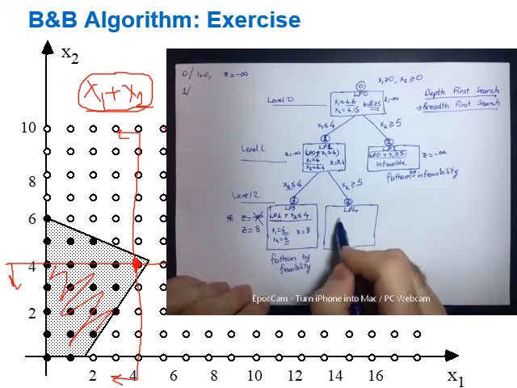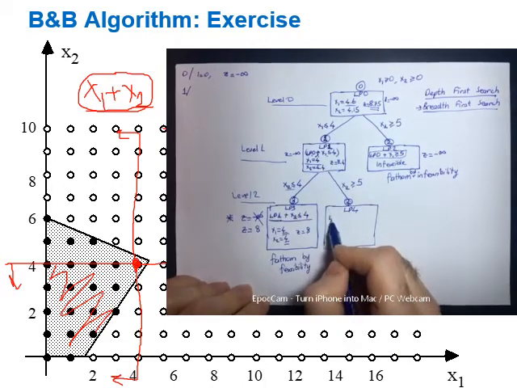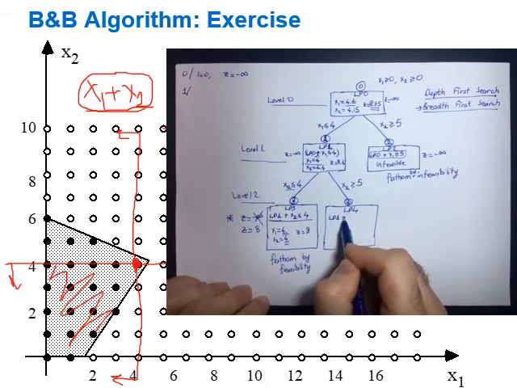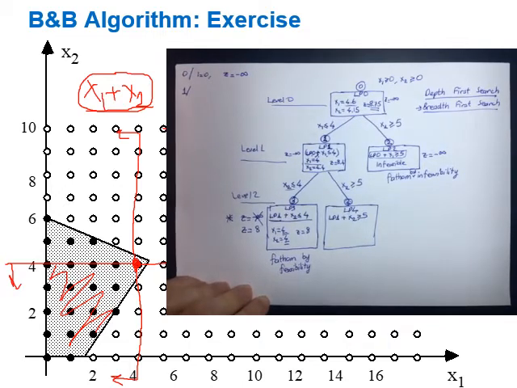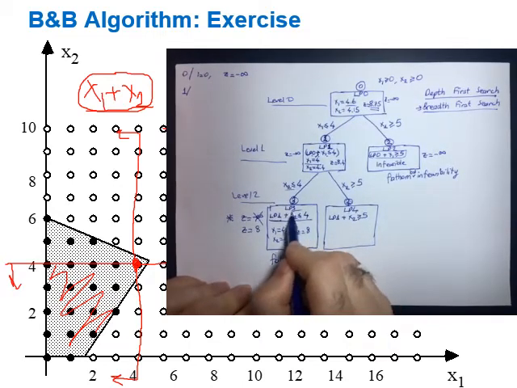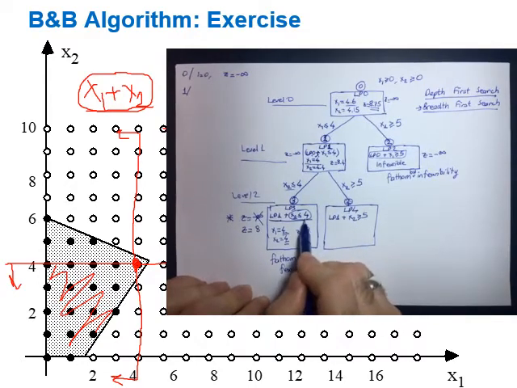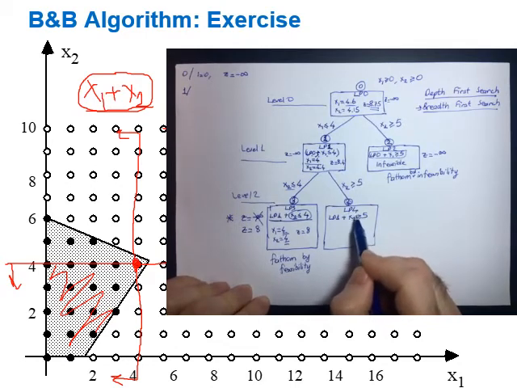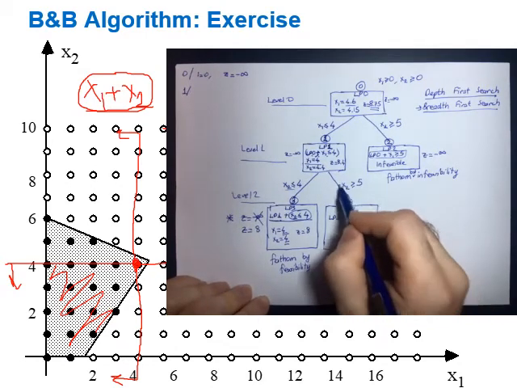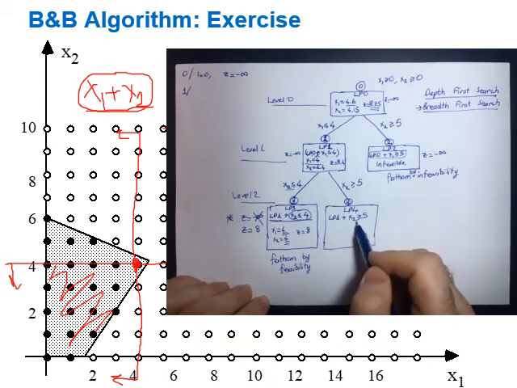Again, be careful. In LP4, I have LP1, and on top of it, I add the constraint x2 greater than or equal to 5. So x2 less than or equal to 4 does not appear on this side. It is on this side. So the constraints that I include until I came to LP4, you should go upwards to the root node starting from here.